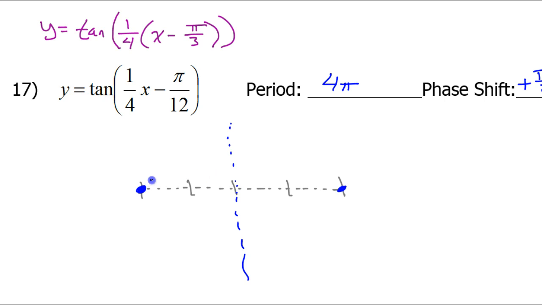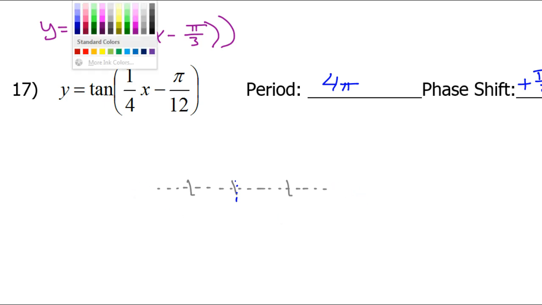And then tangent is an increasing function. So from here it's going to rise towards the midline, and here it's going to fall. Well, you know what? I just always want to think of it as rising. So I'm going to start low and rise towards this point. So this is what one period of the tangent function will look like. Now, I don't know if we will get to cotangent, but I always like to sort of mention them together.